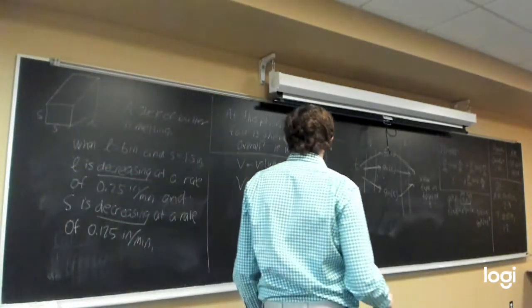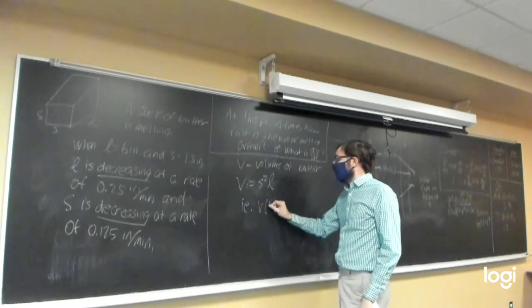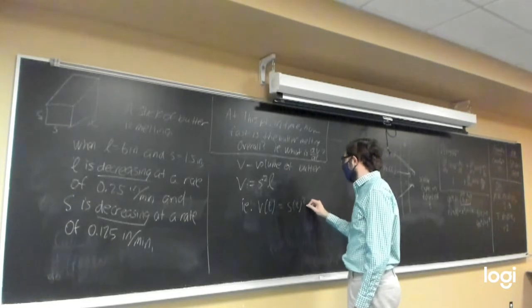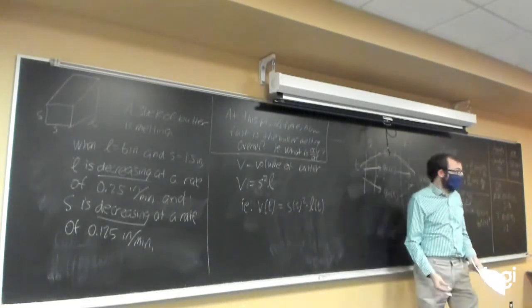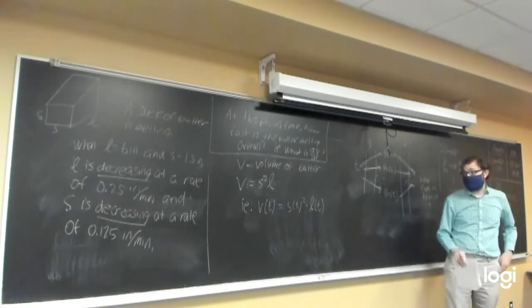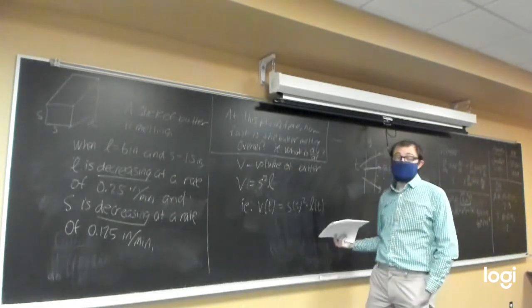So another way we could write this is to say that the volume is equal to S of t, quantity squared, times the length, all of which are going to be functions of t here. Because as t changes, S is going to change, L is going to change, and V is going to change.